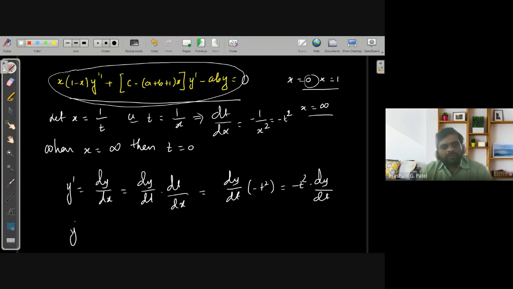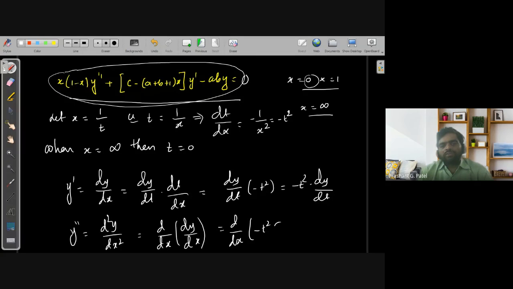y double dash is d square y by dx square. As per this, it is d by dx of dy by dx, but dy by dx we have calculated in terms of t. So this is d by dx of minus t square into dy by dt.